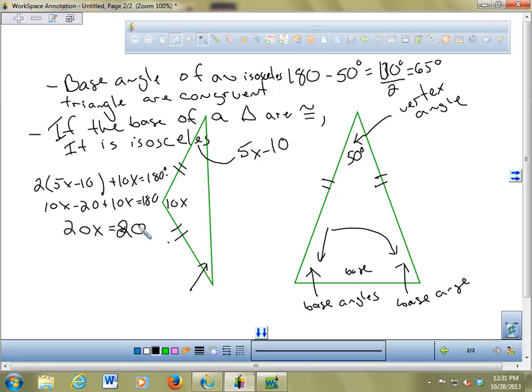X equals 10. Okay, so this angle is how many degrees? 100 degrees. Hey, that's a pretty good problem I made up, isn't it? Do both of those add up to 180? Yeah, and that's pretty much all there is to it.